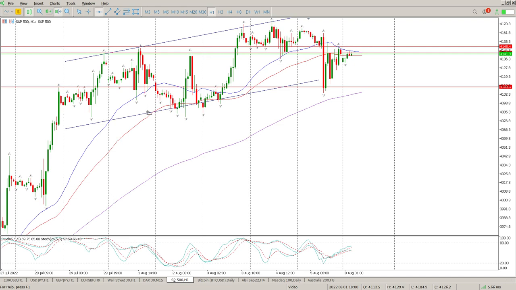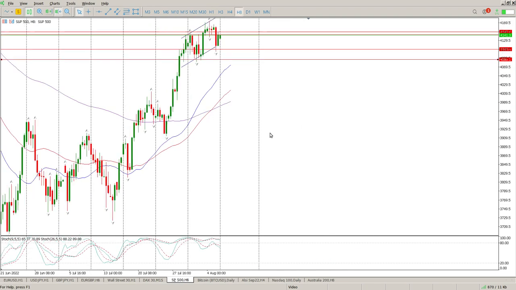Your line in the sand for a reversal to the downside is over here at 4086. So should we say 4,100. So that would be the line in the sand. Start dropping below that, break below it, come back and reject it. That would be your signal that we are moving to the downside.